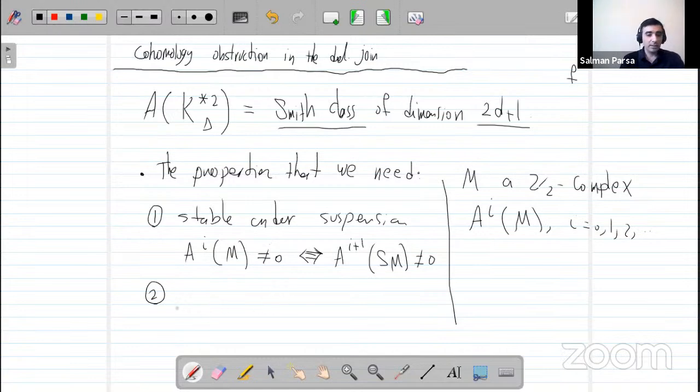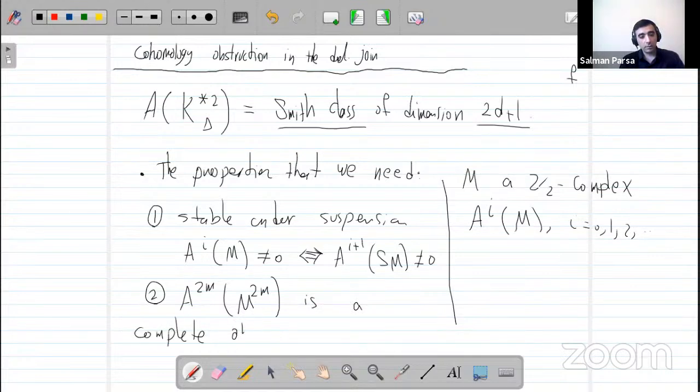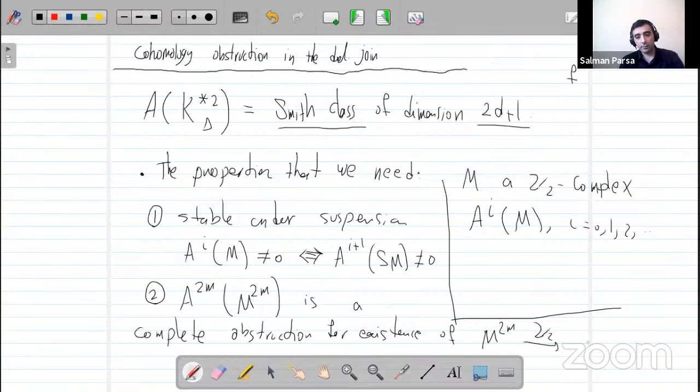And the second property that I want is that if I have something of dimension 2m, this class of dimension 2m should be the complete obstruction for the existence of an equivariant map to S^{-1}.